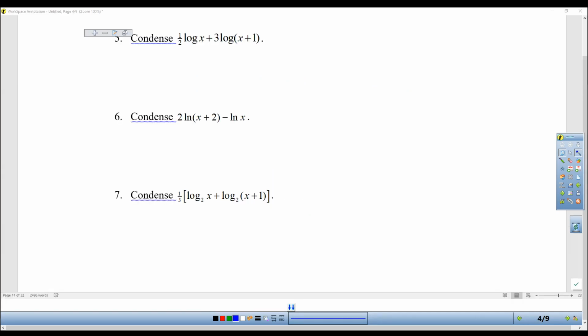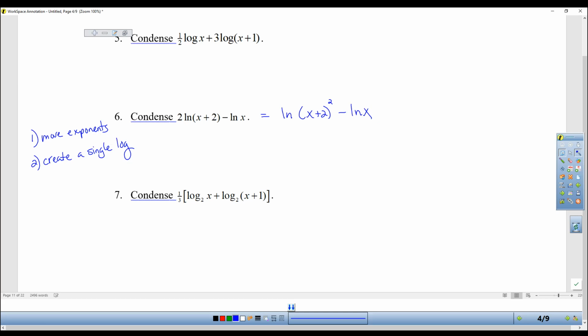So we have 2 more condensings here. So remember that your step 1 is going to be to move your exponents. And then your step 2 is going to be create a single logarithm. So my first step, I'm going to make this natural log of x plus 2, the quantity squared.